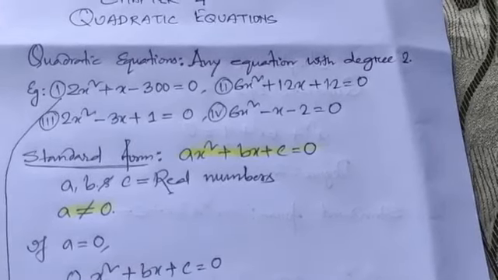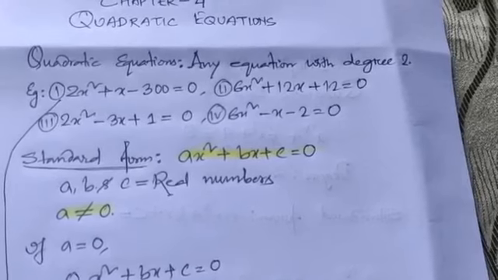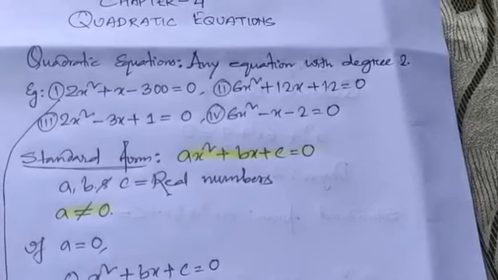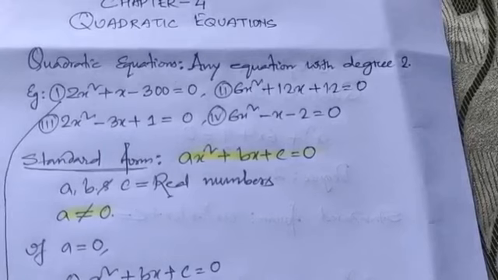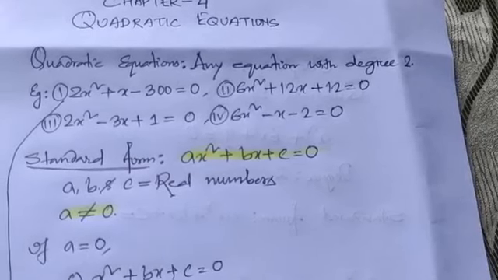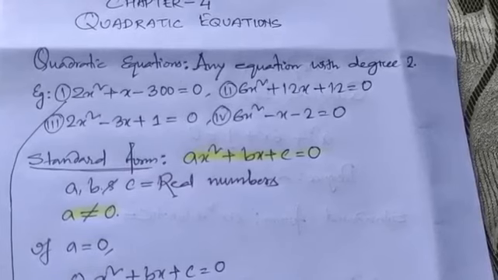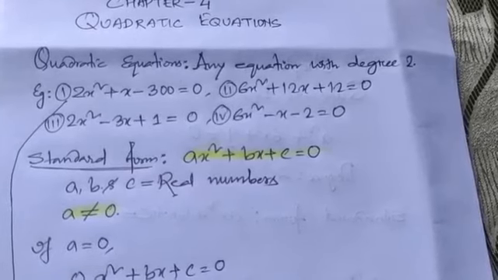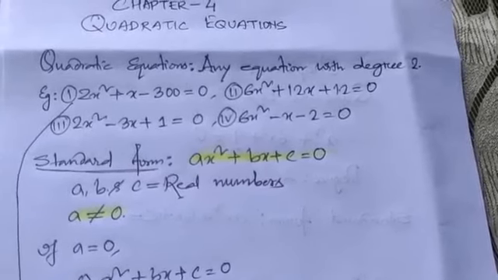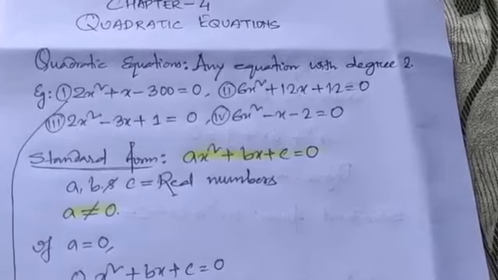So in all these equations, you can see some common things. Like we have x squared in the first term, x in the second term, and in the third term we can see some numbers. These are constants. Okay, right.